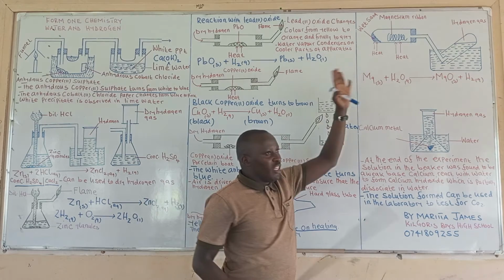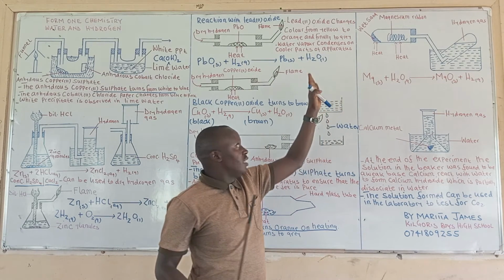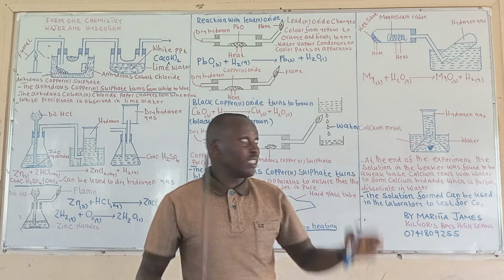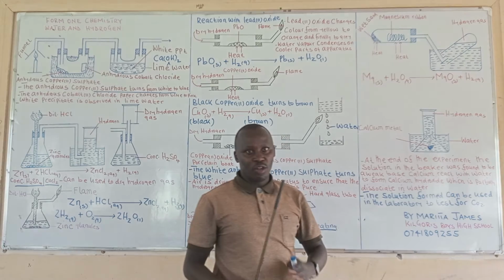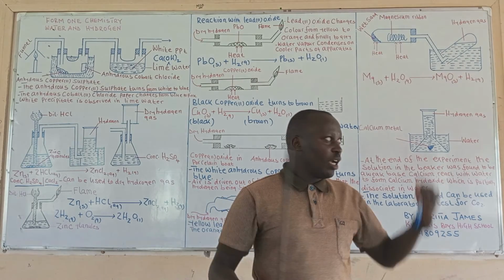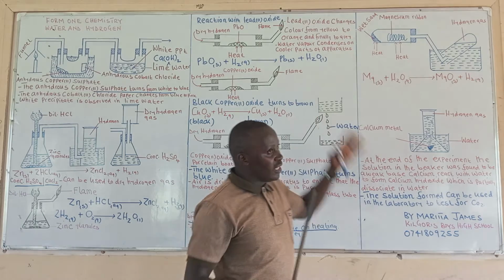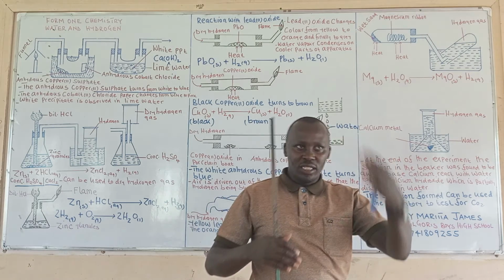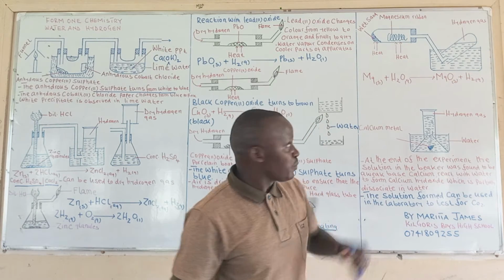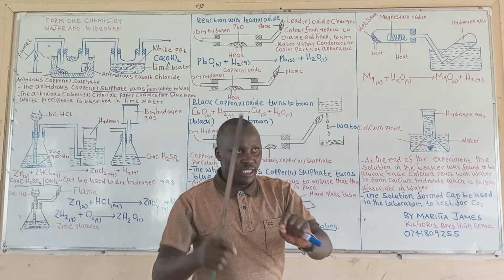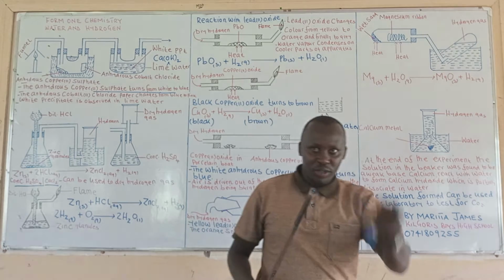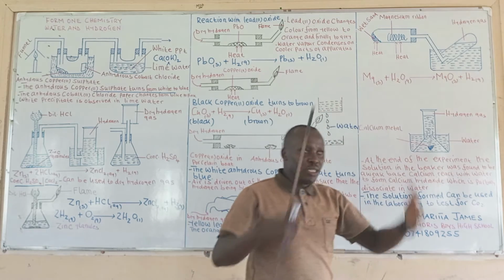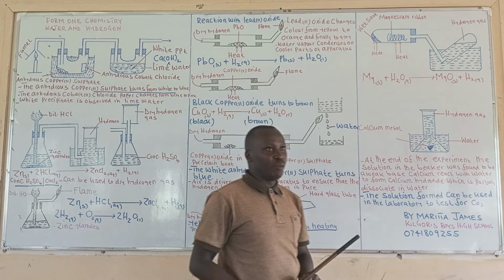Now, some of the questions that you are expecting from this diagram is: explain why the sand is heated first before heating the magnesium ribbon, or explain why we heat the cotton wool first before heating the magnesium ribbon. The reason why we heat the sand or the cotton wool first is just to generate steam that will react with the magnesium ribbon, and also to drive out the air that was initially in the flask, which might have reacted with the magnesium ribbon.